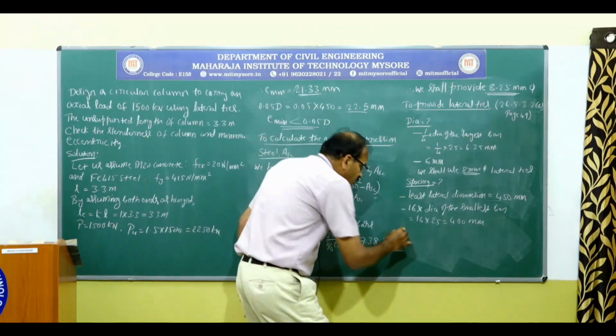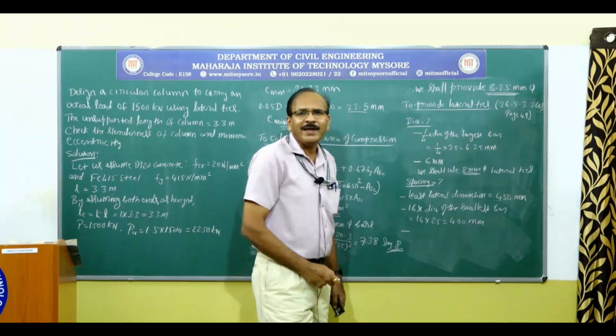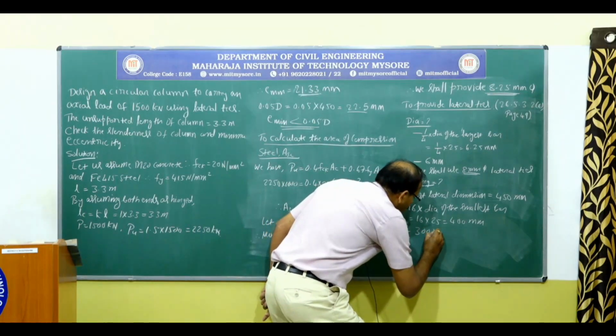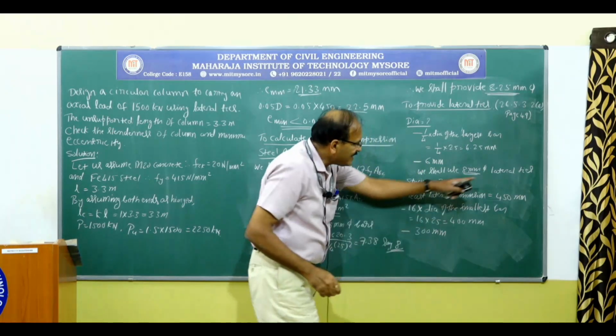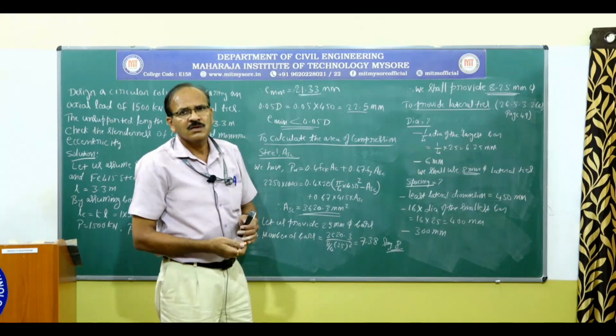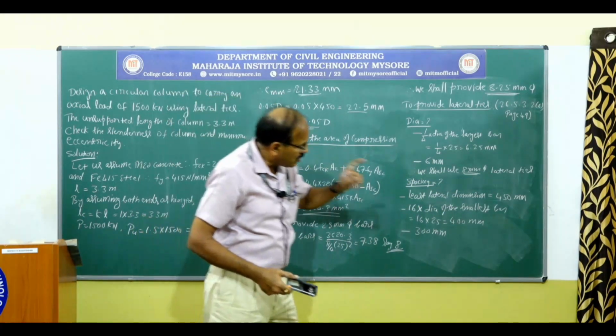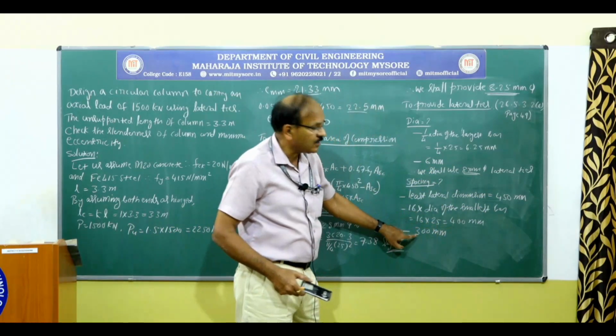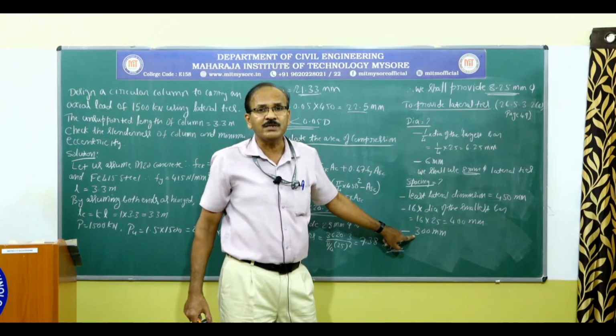And the code also says the spacing should not be greater than 300 millimeter. So we have to check these three cases: the spacing should not exceed 450, 400, and 300 millimeter.